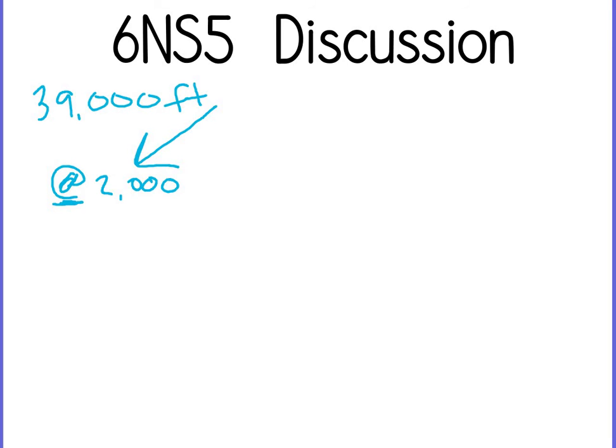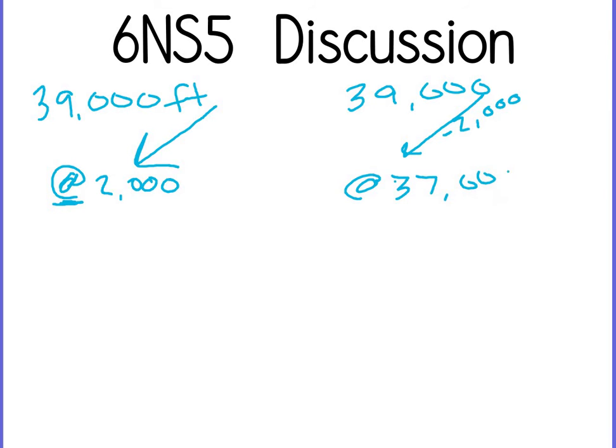If they had said that we descended 2,000 feet, so for example, we were at 39,000 and then we descended 2,000, that would be a negative 2,000 because that's what we did. And then we would end up at 37,000 feet. So again, same word, but because we used it in a different context or a different order, it changes the positive or negative.